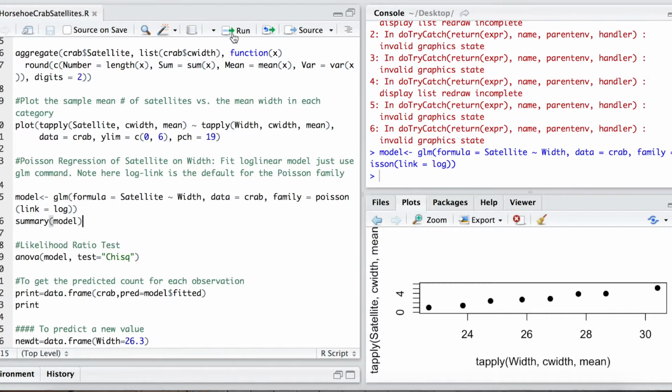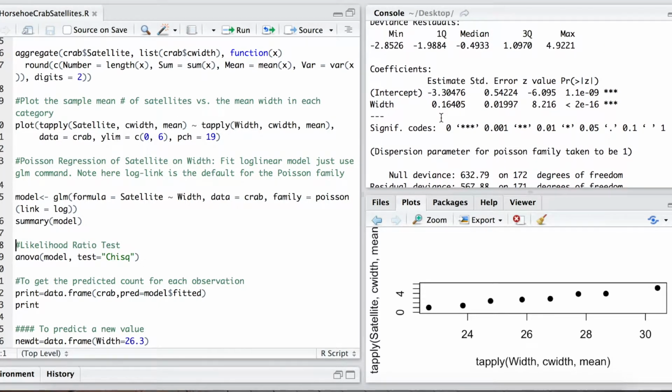I summarize the model. I will get the numbers for the betas, and I will get my Wald test z squared, Wald test z equals 8.216 with a very small p-value. Note here, for the Poisson family, the log link is the default setting for the GLM.